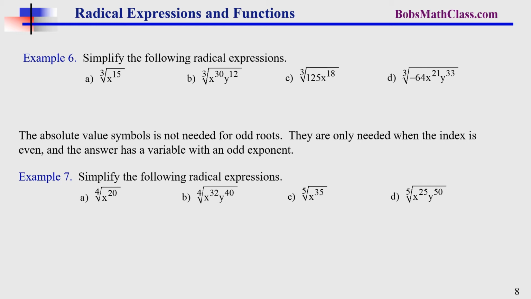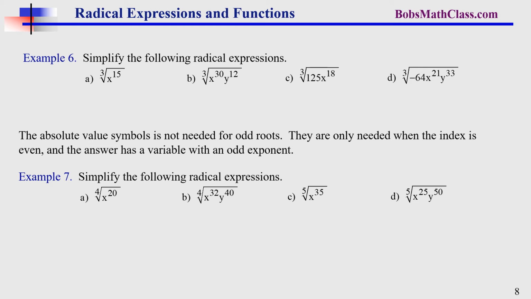For example 6, all of the index numbers are 3. But when we move on to example 7, our index numbers are 4 and 5. So we may need the absolute values for parts A and B, not C and D though.